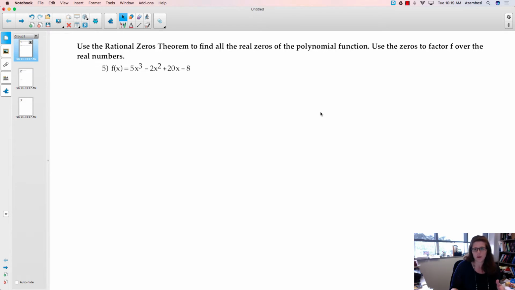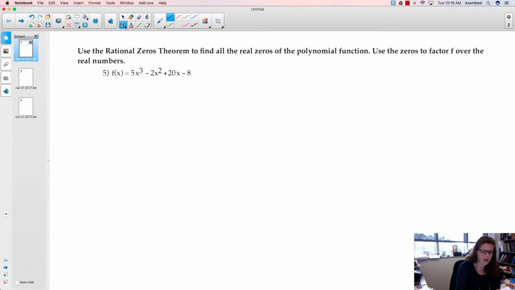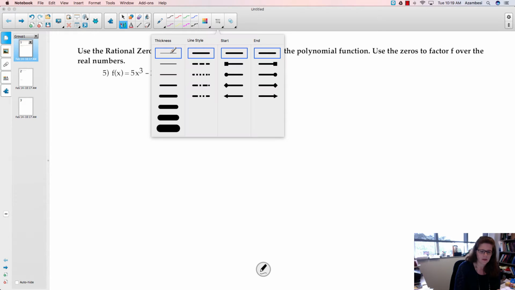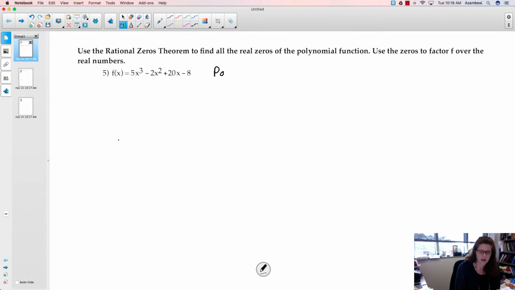So the first thing I want to do is list out all the possible ones. So if we're talking about listing the possible zeros of this function, remember that we have the last number as our whole numbers. The leading coefficient goes on the bottom of a fraction if we make fractions. So our possible options here are all the factors of 8.